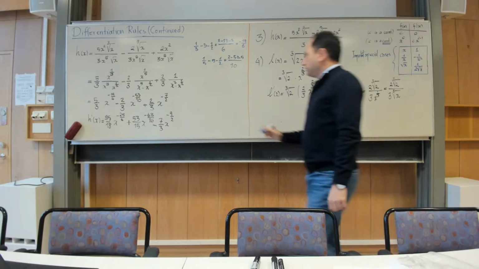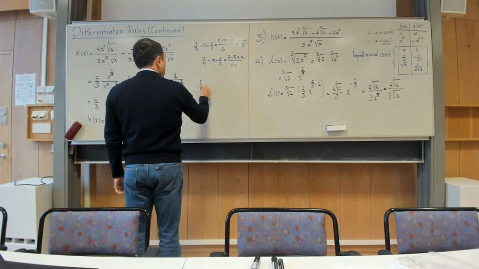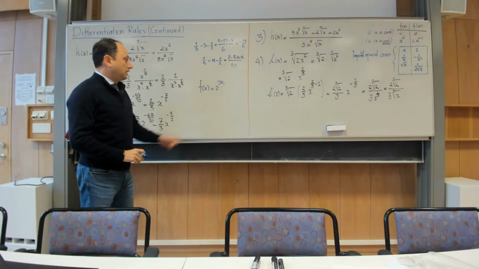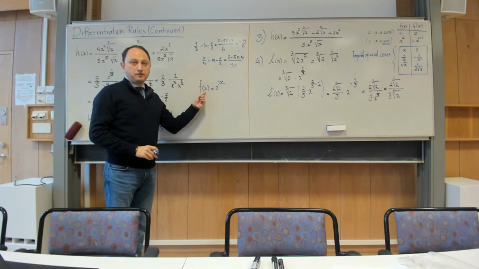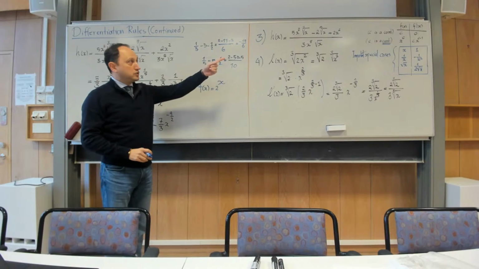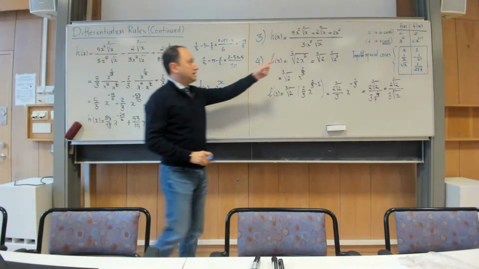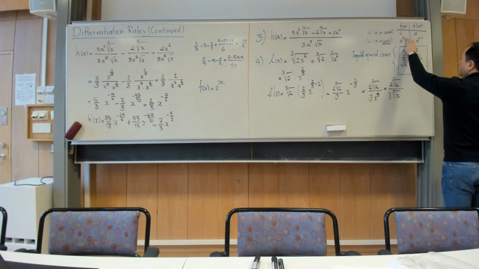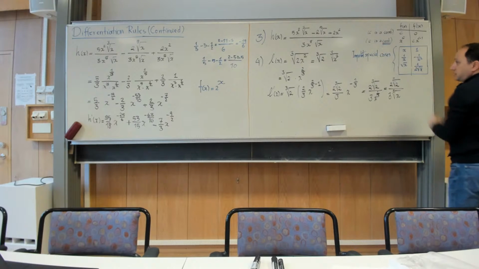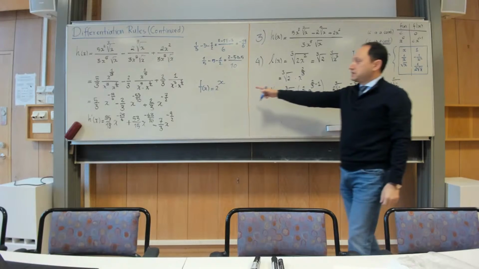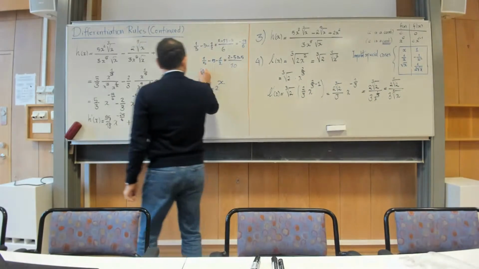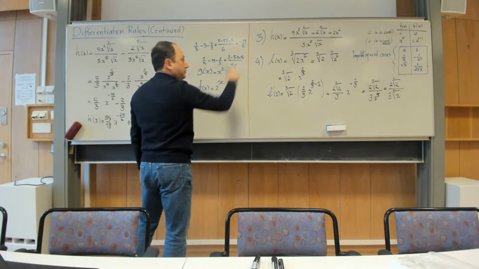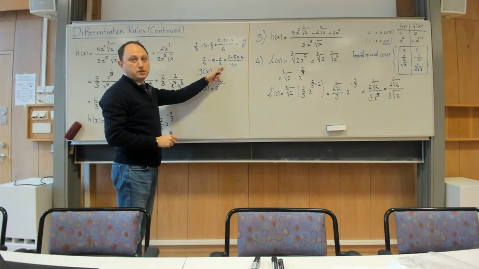For example, if I give you this function and I ask you to differentiate it, you are not allowed to use that rule, because in that rule, x is x and the exponent is a constant. This is different from this function. If I give you x to the 2, yes, you can use that formula because x is x and 2 is a constant.